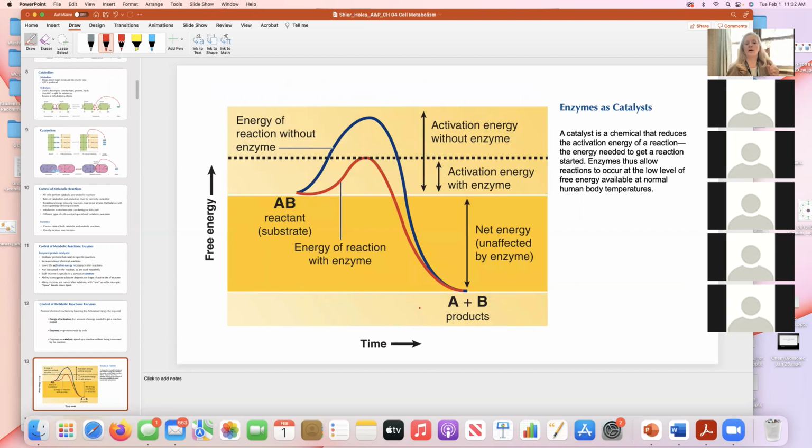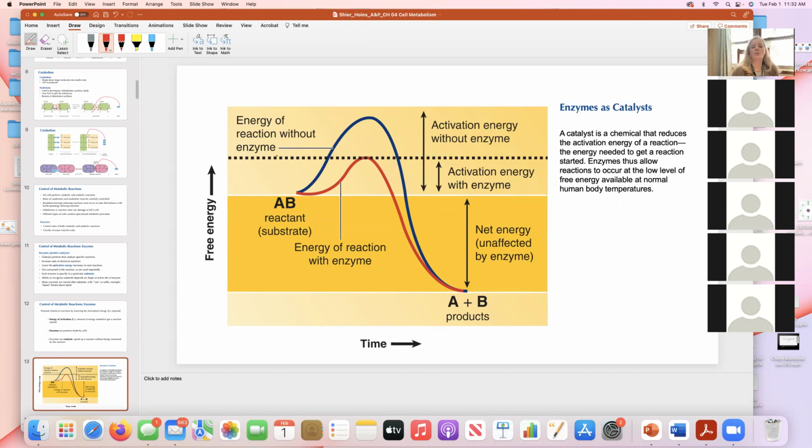All right, so a reaction without an enzyme means we start out with the same reactant, okay? Here's this AB stuff. And without using a catalyst, it's going to take a boatload of energy. You have to put more and more free energy into it to get this reaction up to the top of this hill, for it to roll down the hill here and make the two products A and B, all right?